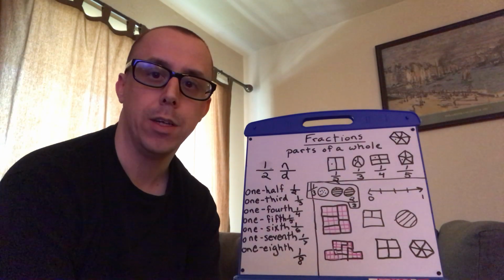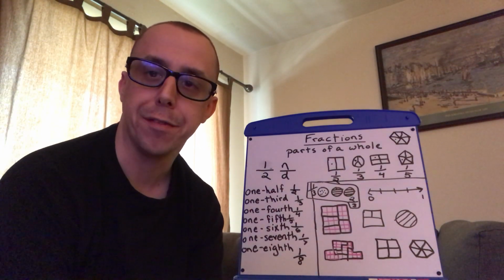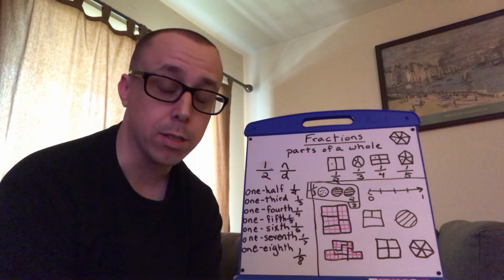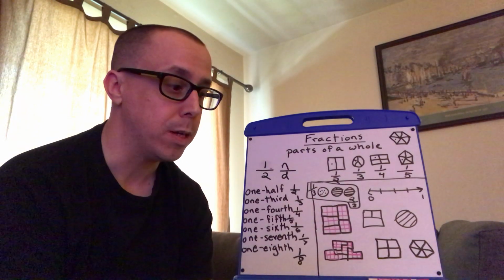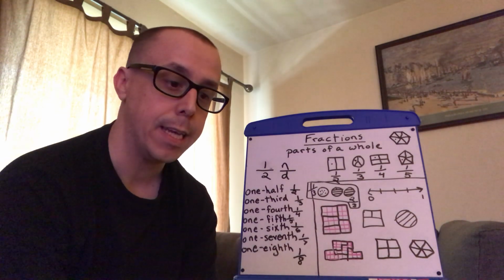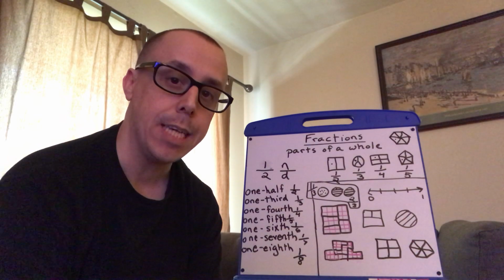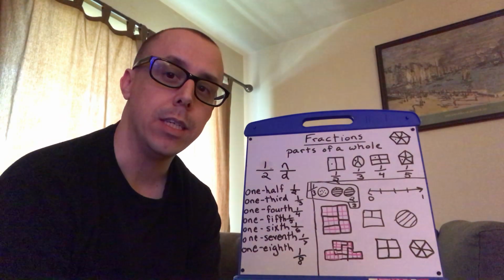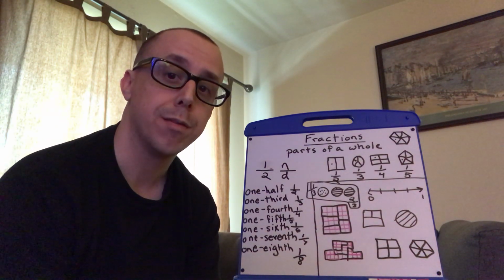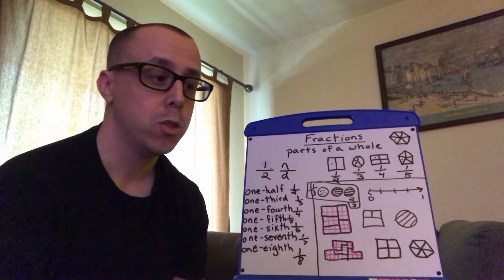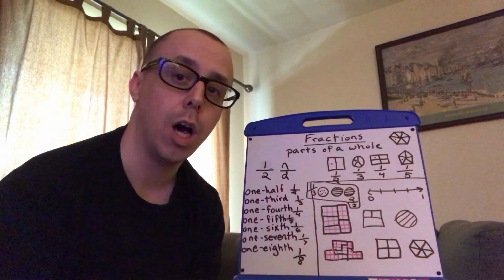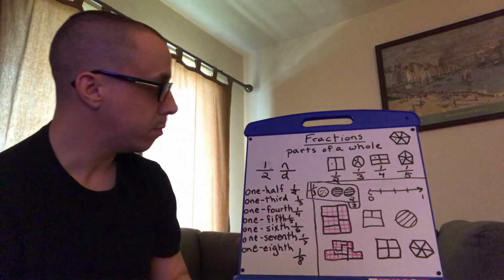If you had 4 people in your family, how many slices would everybody get? Everybody would get 2 slices because you'd be dividing that 8 sliced pizza into 4 different groups, so everybody would get 2/8 of that pizza.